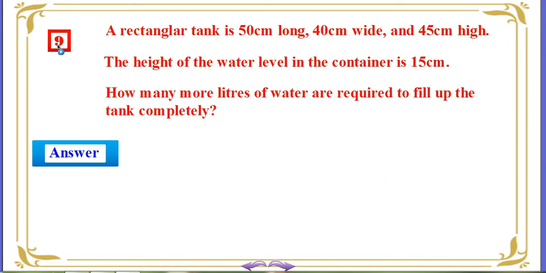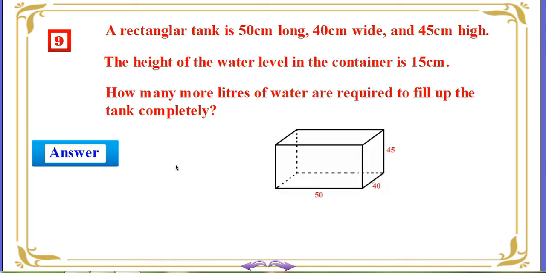The answer is, now we remember the rectangular tank, you have 3 sides. This is the length, 50 centimeters, and this is the width, 40 centimeters, and this is the height, 45 centimeters.